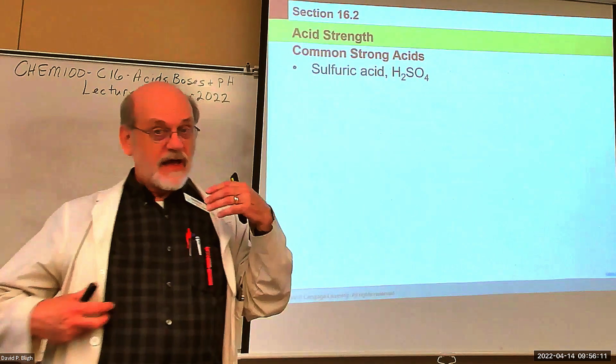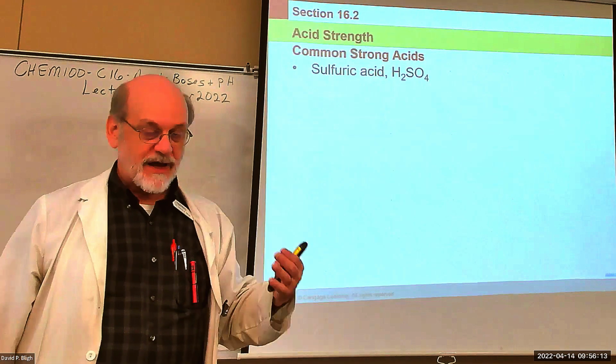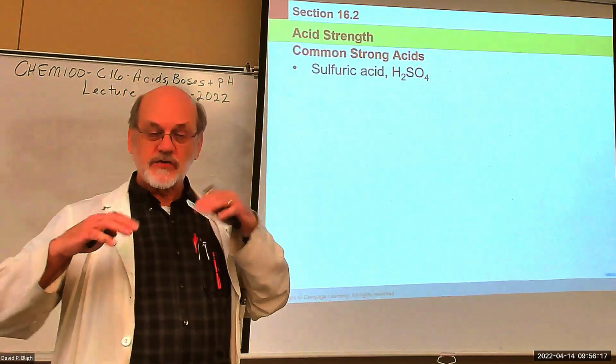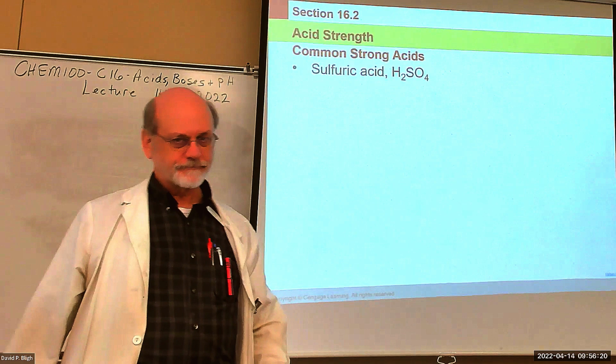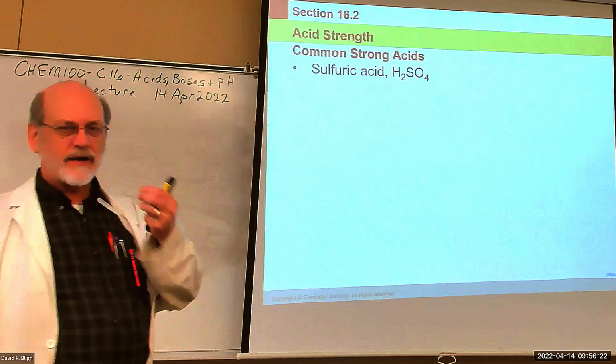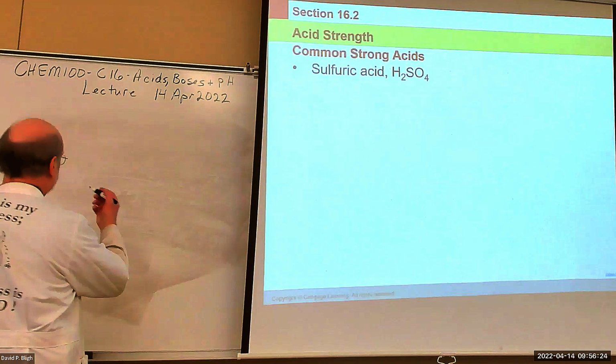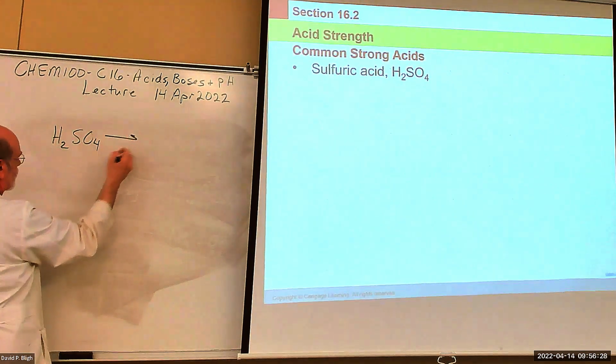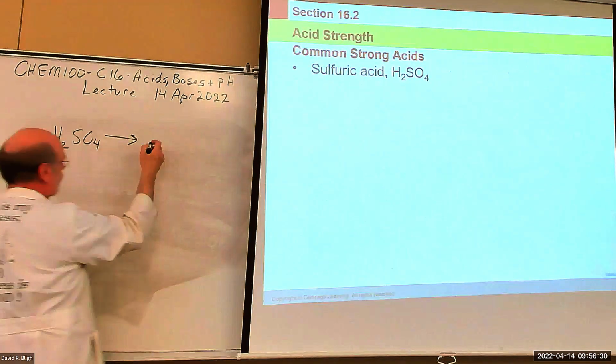Now, the HSO4 minus ion has a different character than the H2SO4, right? Once you pull a hydrogen off of that H2SO4, okay, it goes all the way over here.